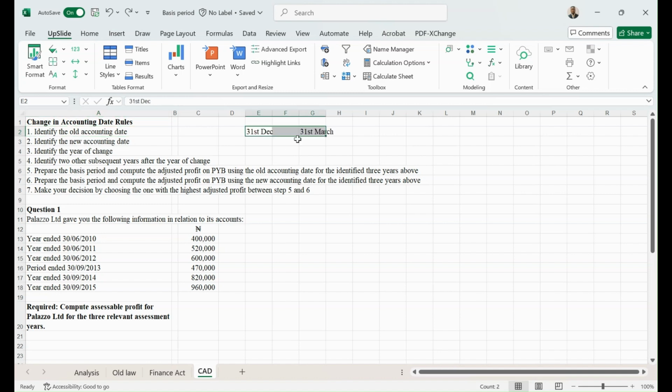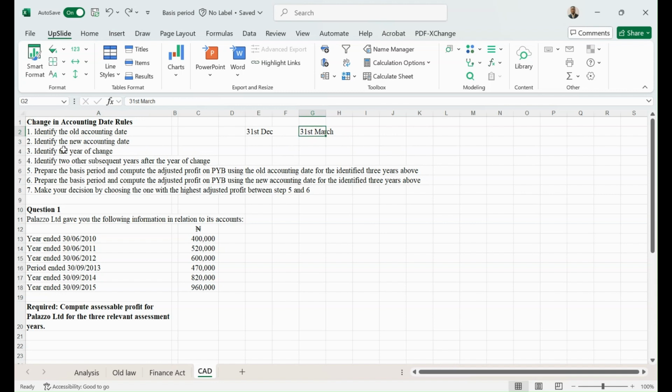In my example, the old accounting date is 31st December, and the company has decided to use 31st of March now. Step two says identify the new accounting date. So 31st of March going forward is going to be the new accounting date.